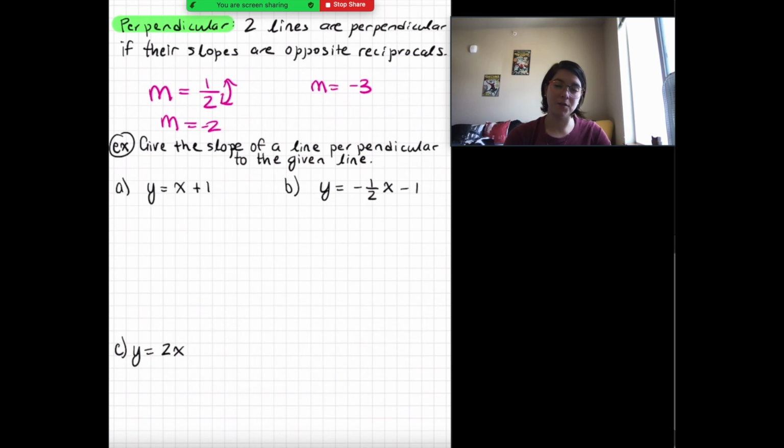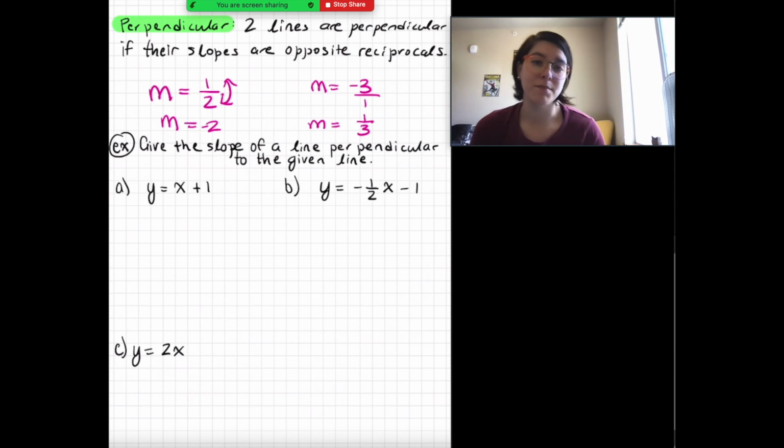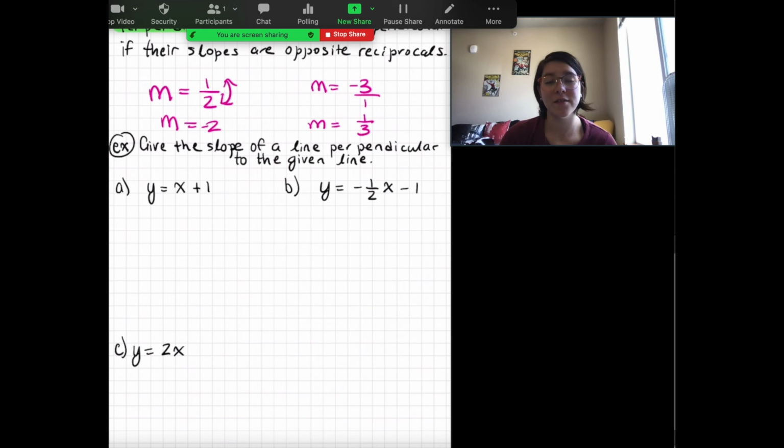We want the opposite reciprocal of -3. Remember, -3 is technically -3/1, so if we wanted to flip that, our slope would become 1/3, but then we need to make it negative. So a negative times a negative would just be a positive, so our perpendicular slope would be positive 1/3. So again, opposite reciprocal means flip the fraction and make it negative. And if it's already negative, then we make it positive.